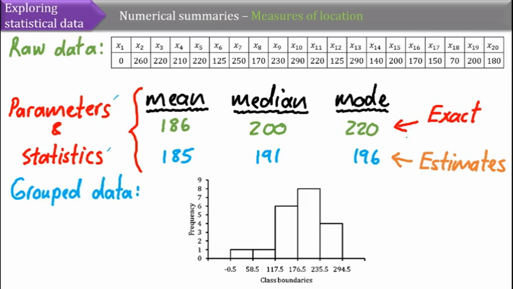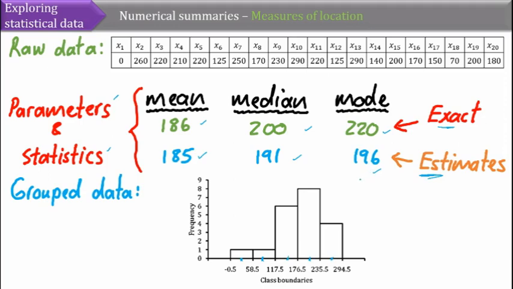For the group data, we had 185, 191, and 196. For the raw data, we had different values, 186, 200, and 220. That's because we had raw data, which gave us exact results. For the group data, we had to use the midpoints as estimates, and that's why we get results that are not exactly the same.